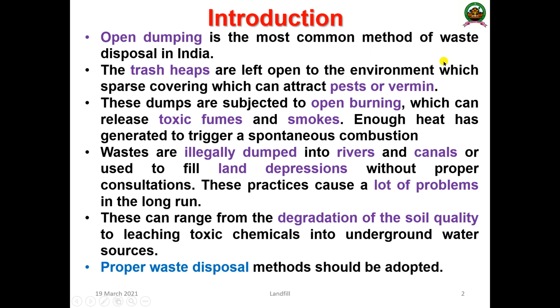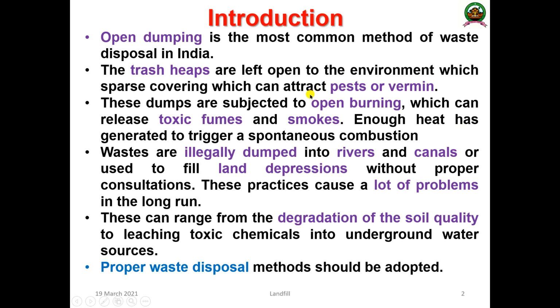The trash heaps are left open in our environment with sparse covering, which can attract pests and vermin. These dumps are subjected to open burning that can release toxic fumes and smoke.